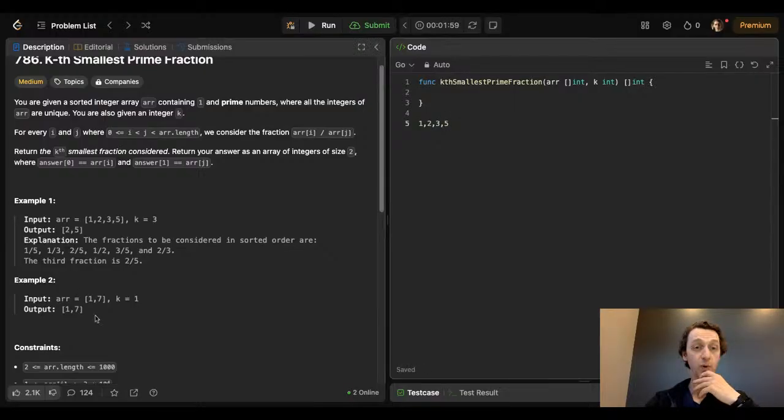And the second example shows it doesn't have to be all the primes in order. They are sorted, but there could be some missing primes from the prime sequence. So k is 3.